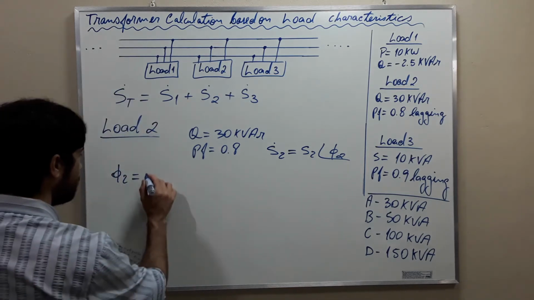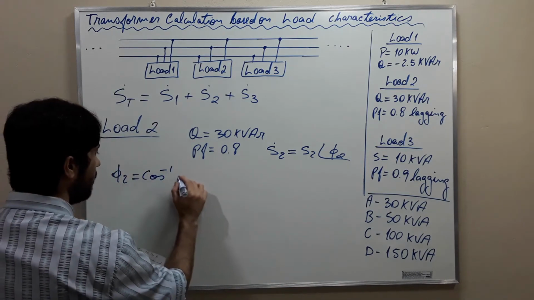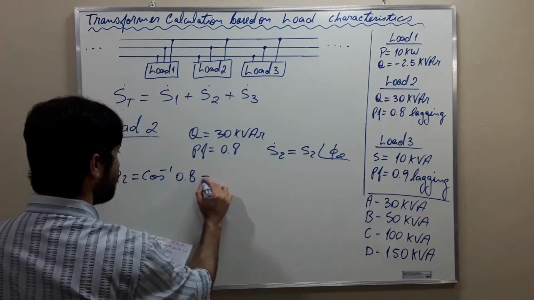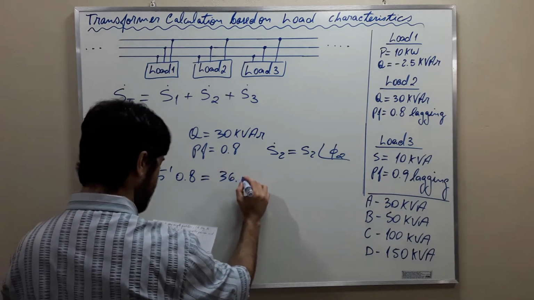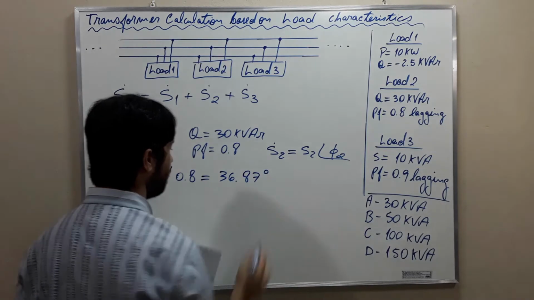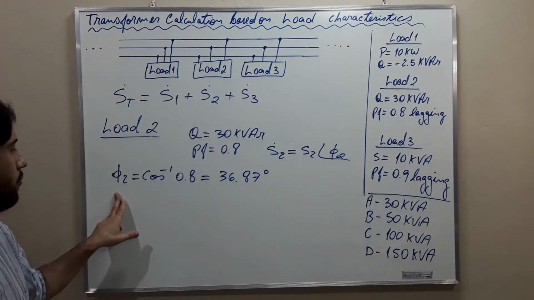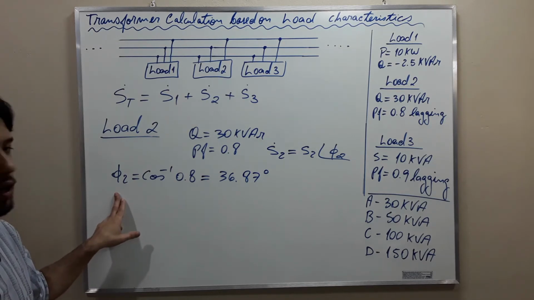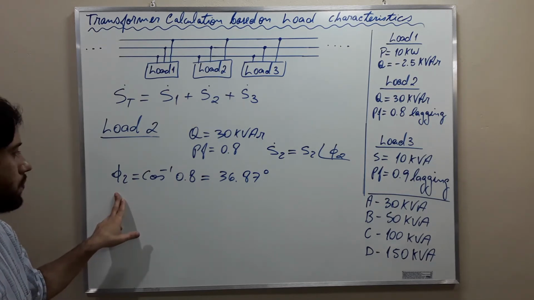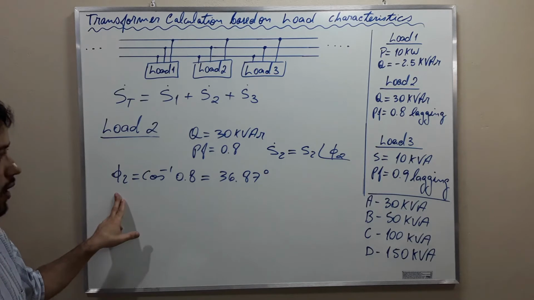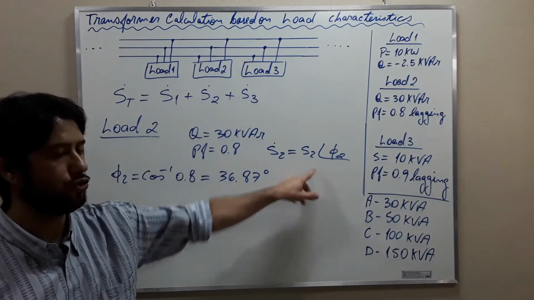Then the inverse cosine of 0.8 is equal to 36.87 degrees. Okay? We have come up with the angle phi 2.